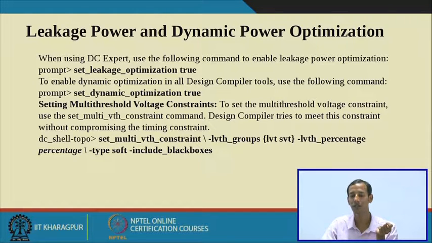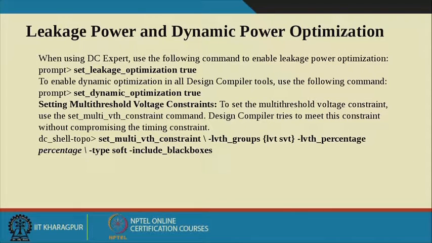You have to put the command set_multi_voltage_constraint with the group names LVT and SVT, with the percentage values, along with the cell for which you want to set the multi-threshold voltage constraint. Okay. All these things you can do in the topographical mode.